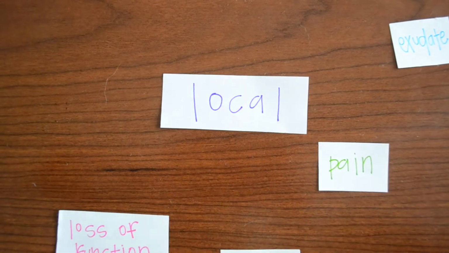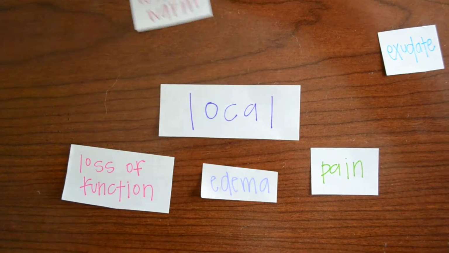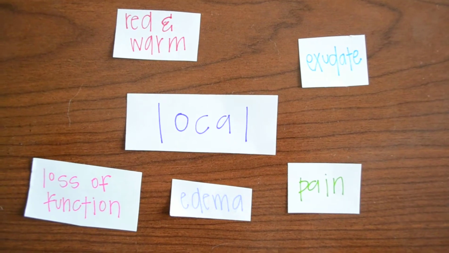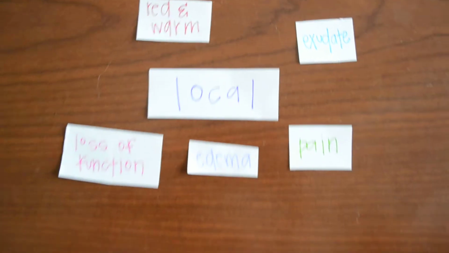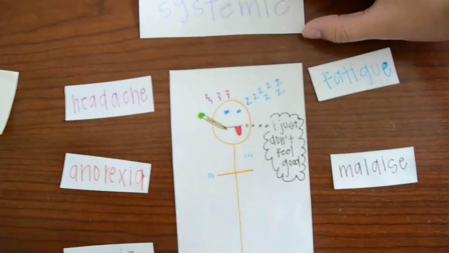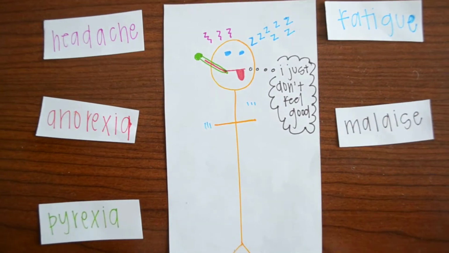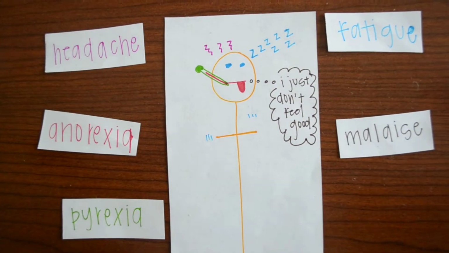So some local effects will be pain, edema, loss of function, redness and warmth, and then exudate. And remember that there's three types of exudate. There's serous, fibrinous, and purulent exudate. And then we have systemic effects, and this includes fatigue, malaise, pyrexia or a fever, anorexia, and a headache.